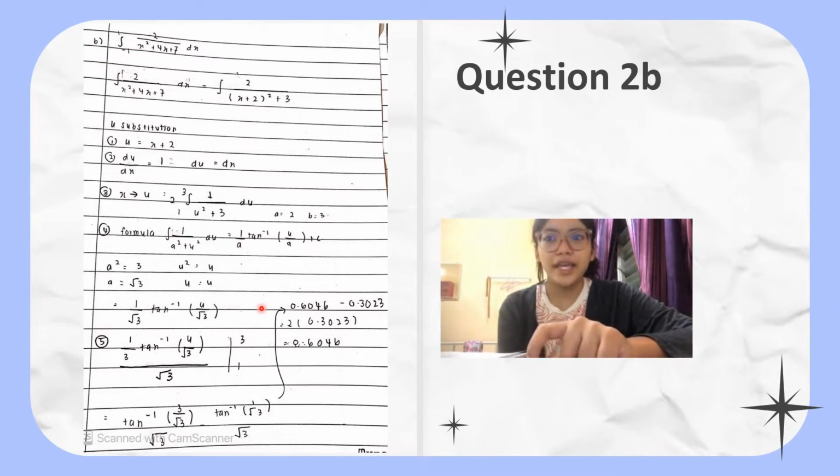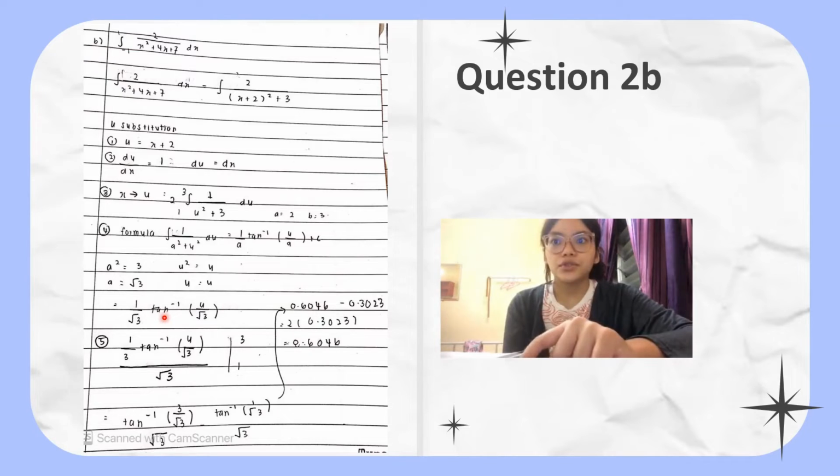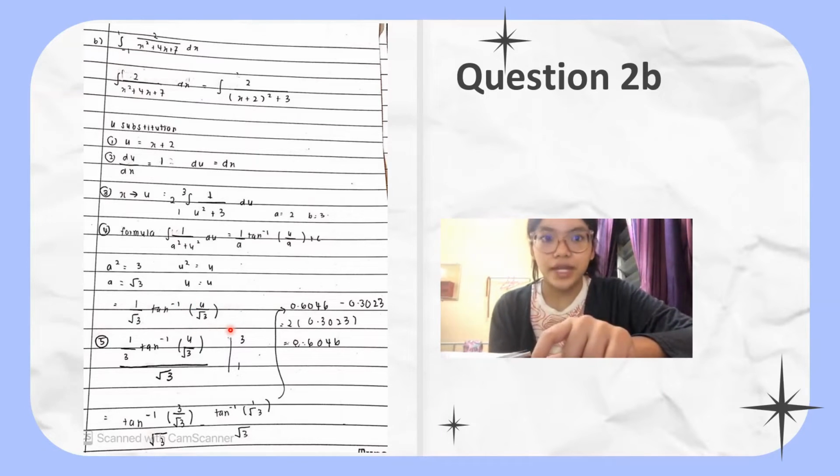So our a squared is 3, so our a is root 3, our u squared is u squared, so our u is u. So we're going to just put the a and u inside this formula right here, which we got 1 over root 3 tangent inverse u over root 3.